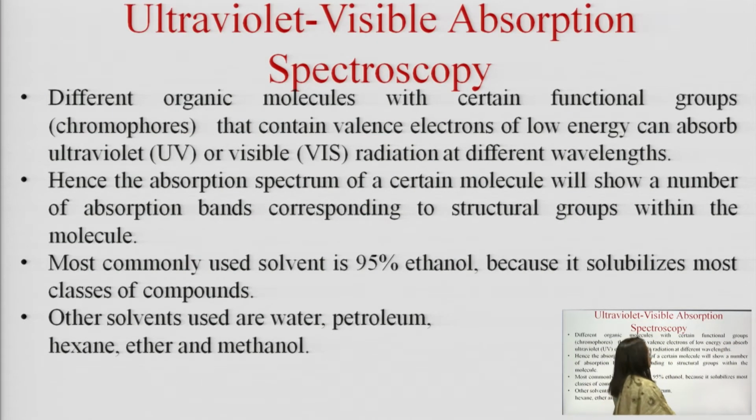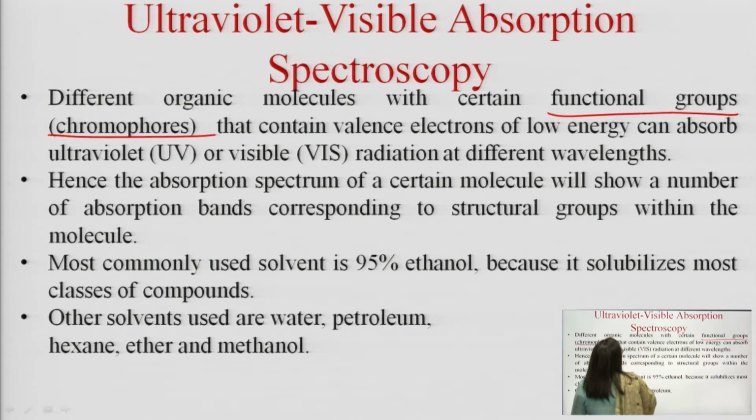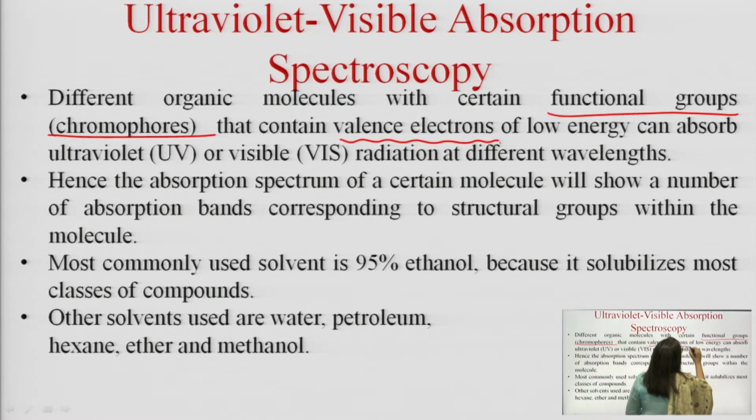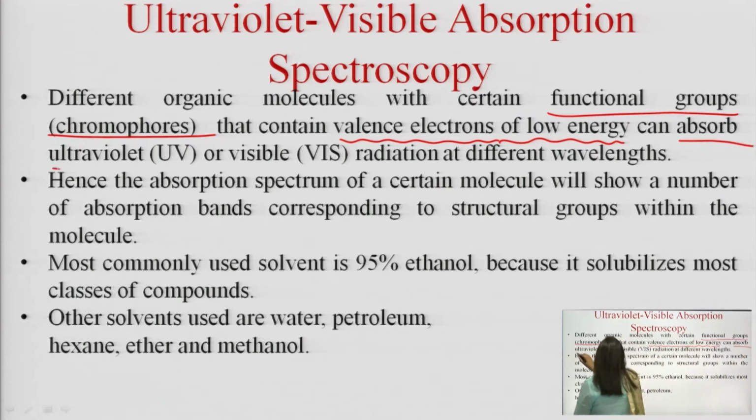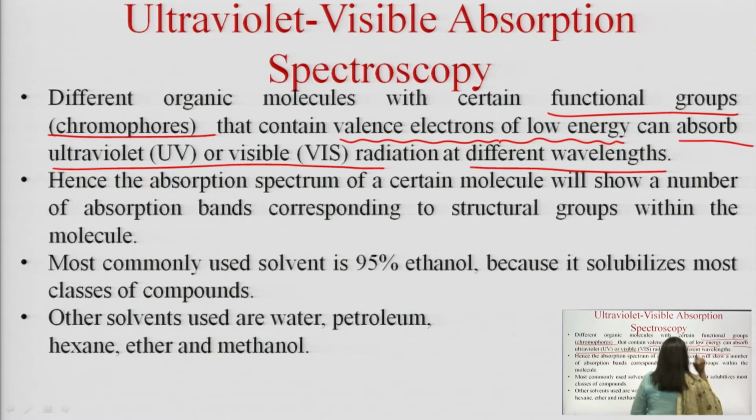Ultraviolet visible absorption spectroscopy. Different organic molecules with certain functional groups called chromophores, that contain valence electrons of low energy level, can absorb the ultraviolet or visible radiation at different wavelengths.